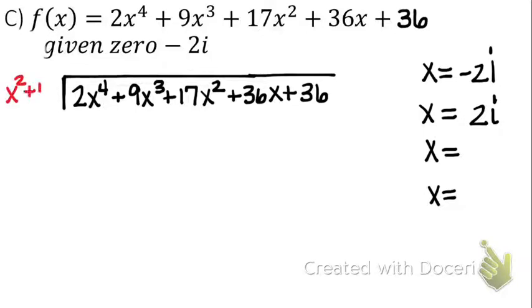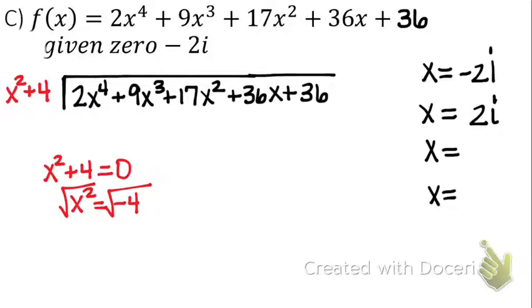So let's talk about why that is again. If you take x squared plus 4 and solve it for x, you get x squared equals negative 4. You take the square root, which is x equals the square root of negative 4. You would break this down. This is actually what we're doing right now in Algebra 2.